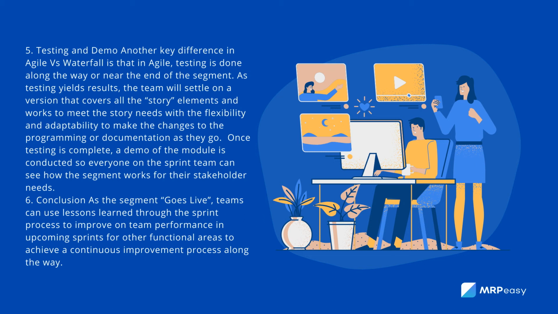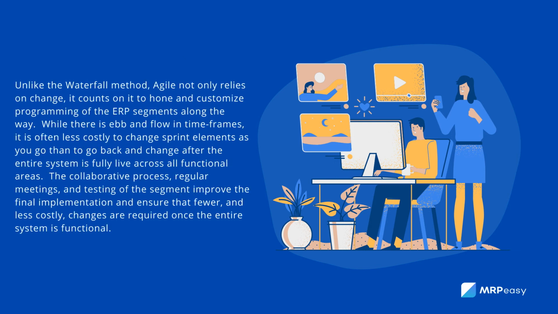Number 6. Conclusion. As the segment goes live, teams can use lessons learned through the sprint process to improve team performance in upcoming sprints for other functional areas to achieve a continuous improvement process along the way. Unlike the Waterfall method, Agile not only relies on change, it counts on it to hone and customize programming of the ERP segments along the way.